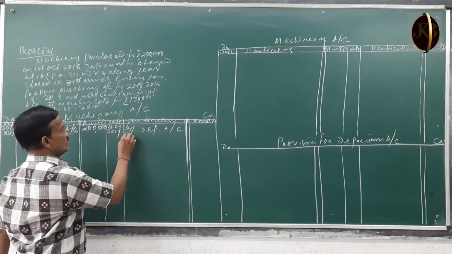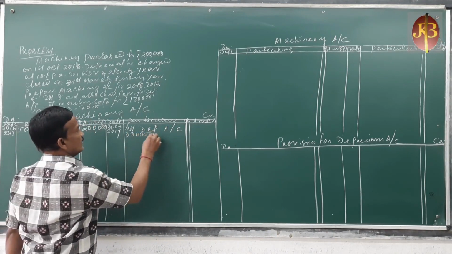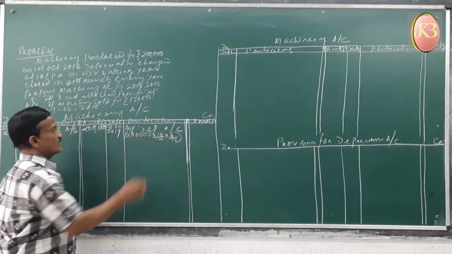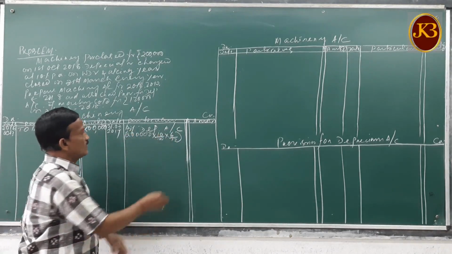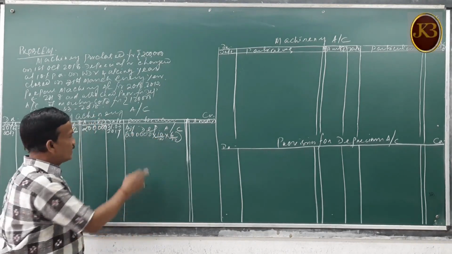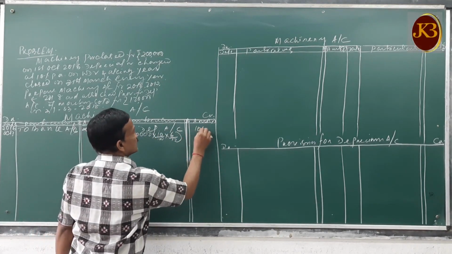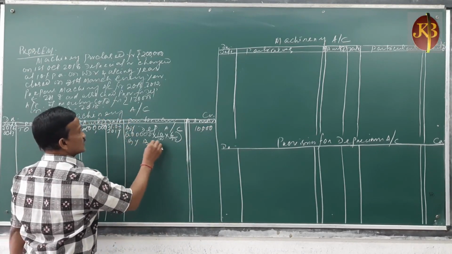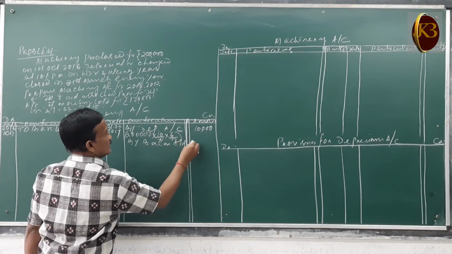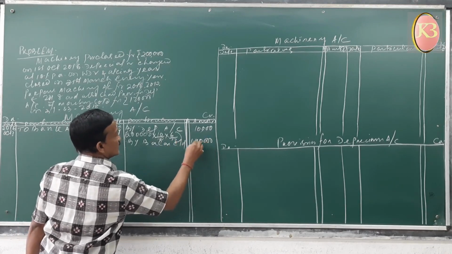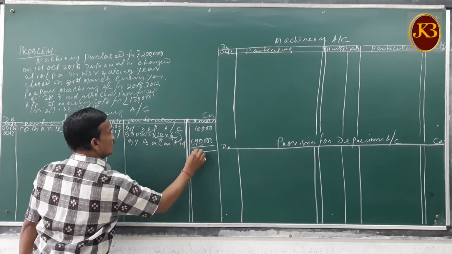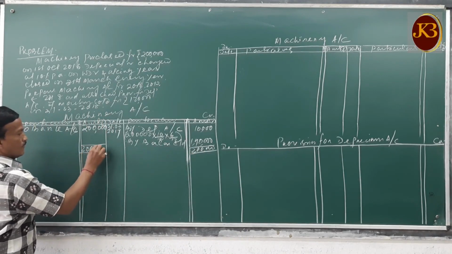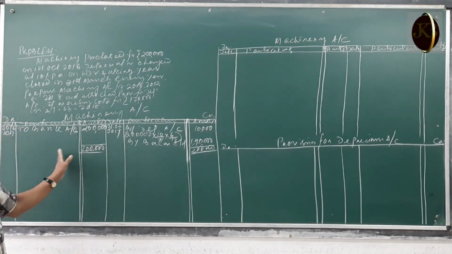So this is depreciation: 2 lakh rupees into 10% into 6 by 12, because there are 6 months. That is 10,000. So the remaining, by balance carried down, is 1,90,000. This is the first year transaction completed.